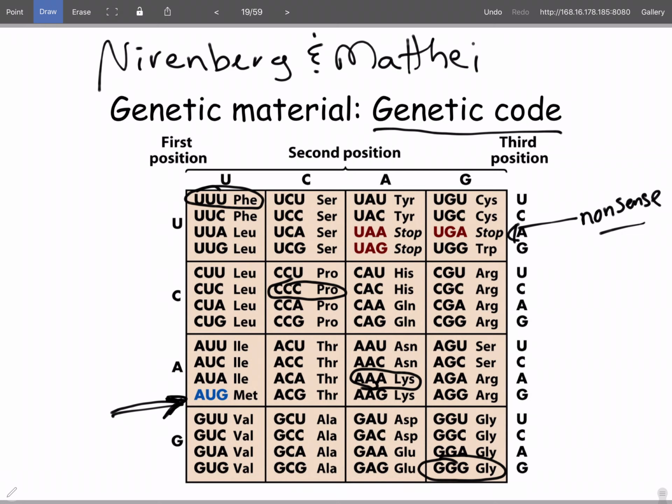So, for instance, if we look in this situation, UCU, UCC, UCA, or UCG will all produce serine, okay? So it doesn't matter what the nucleotide is at the third position. That's not true of all of these, but it is true for a lot of them. Now, do all organisms use the same genetic code?